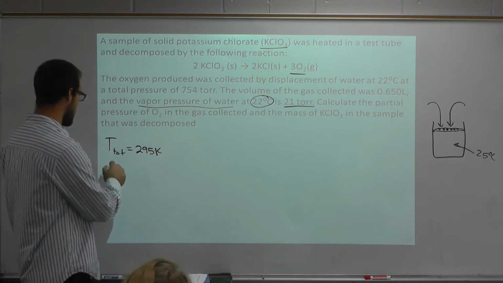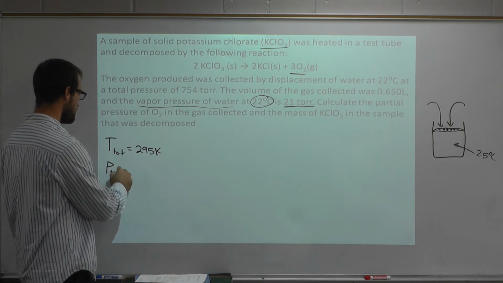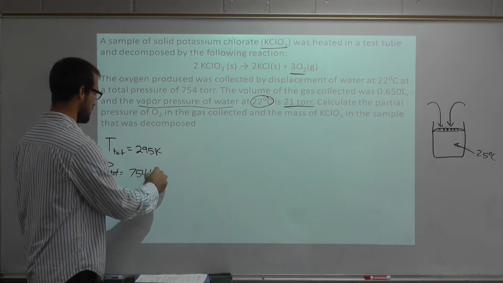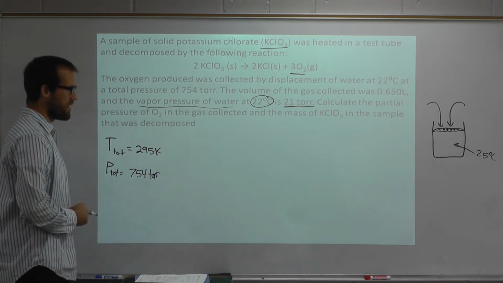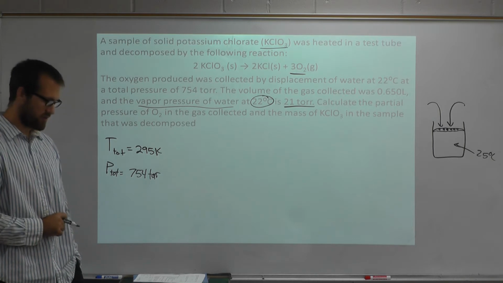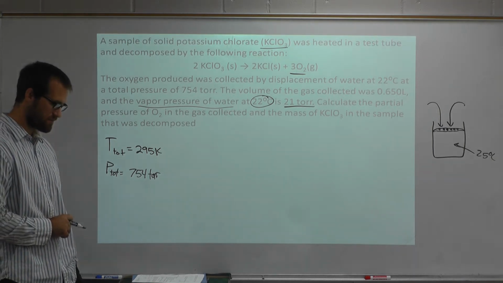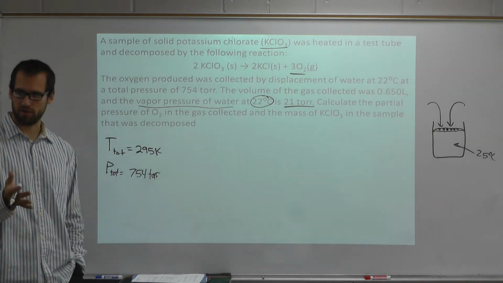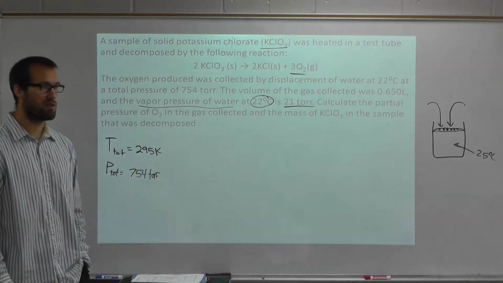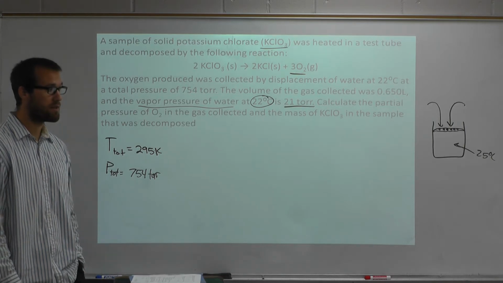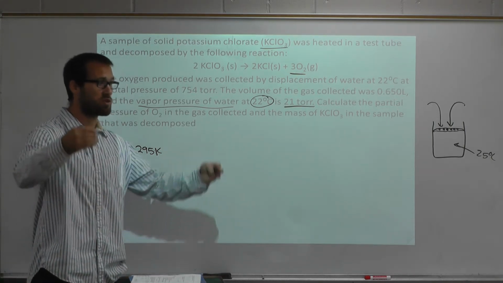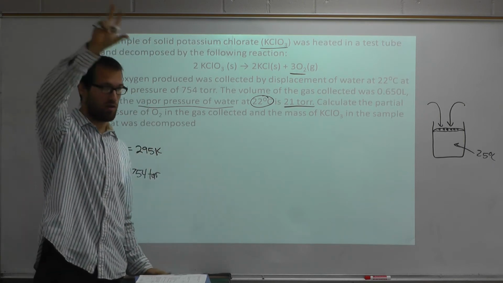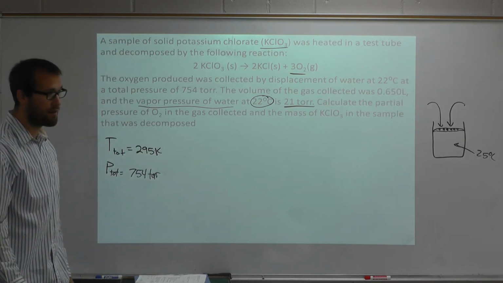We've got a total pressure of 754 torr, and that would essentially be what the atmospheric pressure is. Does that make sense? We know typically atmospheric pressure is 760. It's telling us it's a little lower than what it normally would be. Because remember, that's what's holding the volume inside the cylinder there, when it reaches equilibrium.